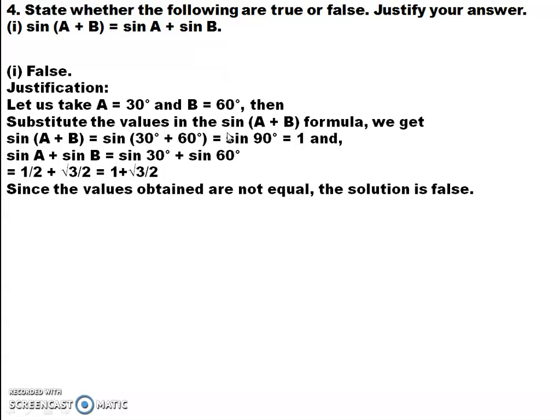No. From this example, we can say that sin(A + B) is not equal to sin A plus sin B. What is the conclusion? Sin(A + B) is not equal to sin A plus sin B.